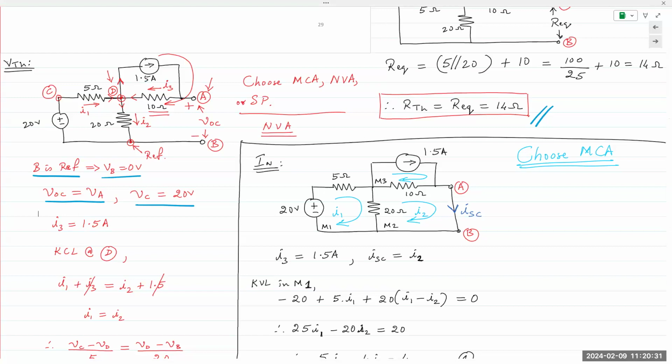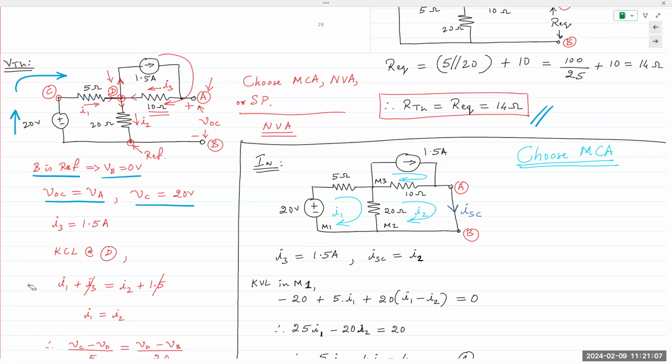Now all I have to do is assign branch currents. So I've assigned 4 branch currents, right? The current that flows through every branch, and then I apply KCL at the node. Logically, my 20-volt source has current going from minus to plus, so it goes up. It enters the 5 ohm resistor from the left, and so my branch current I1 is noted as going towards the right.